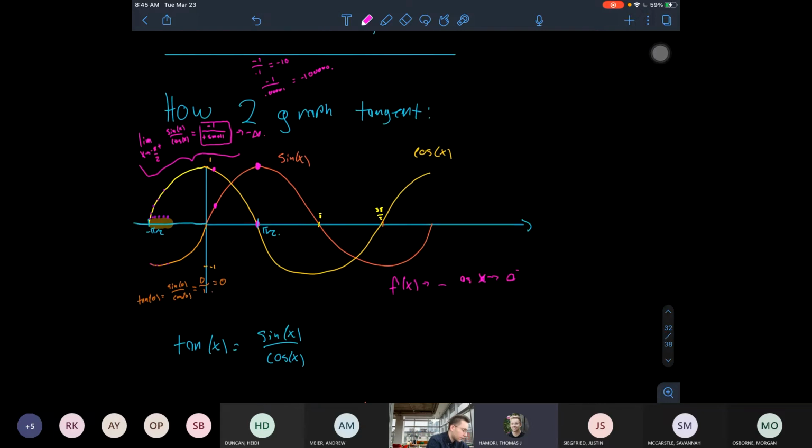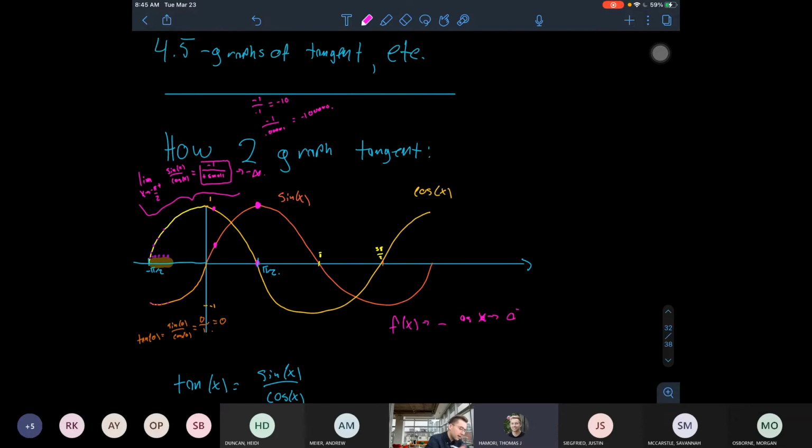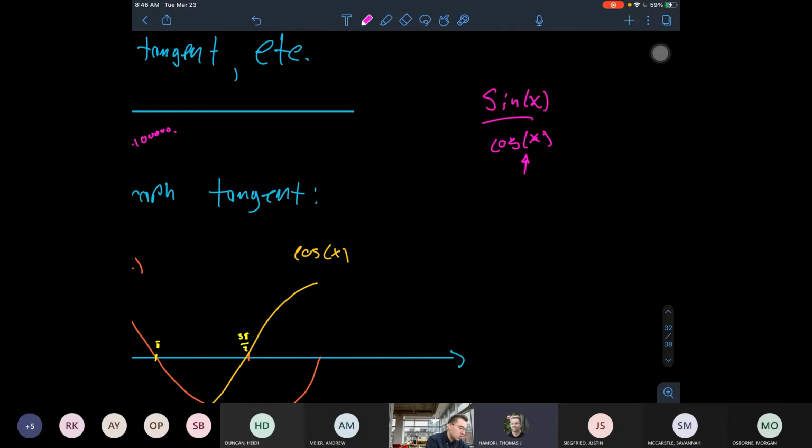You can also, if you don't like evaluating these limits and really taking this kind of geometric approach, always consider sine of x over cosine of x to be like a rational function, and just consider this cosine of x to have basically multiplicity 1 in the denominator.